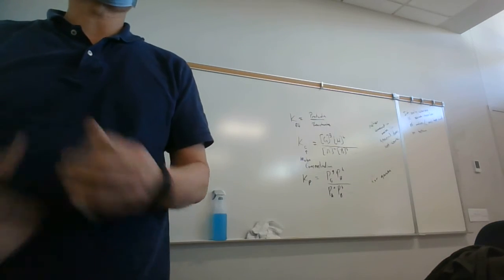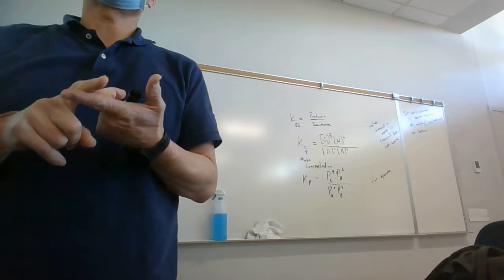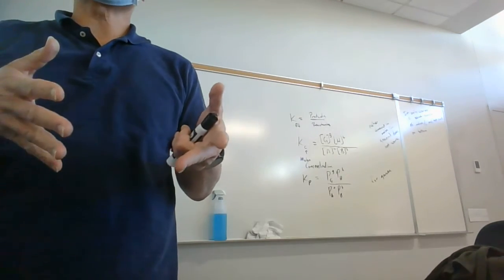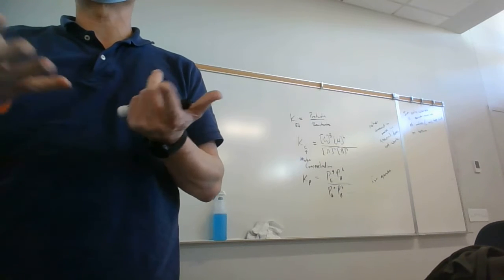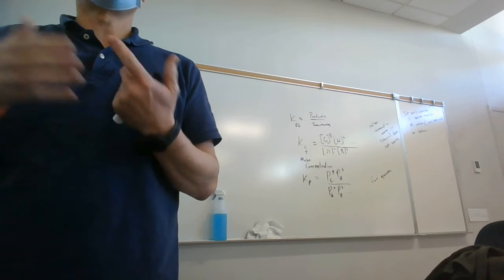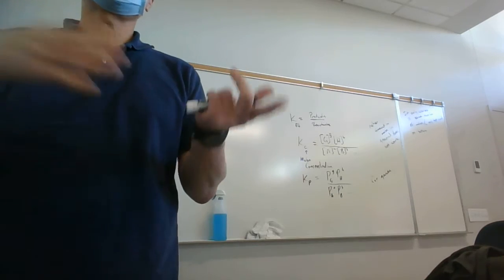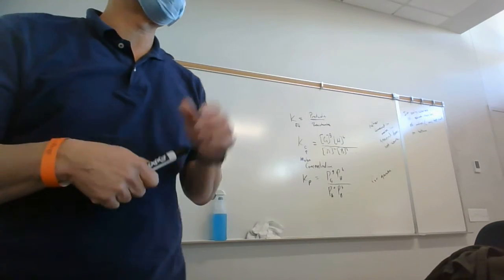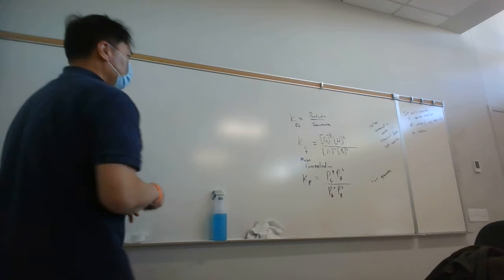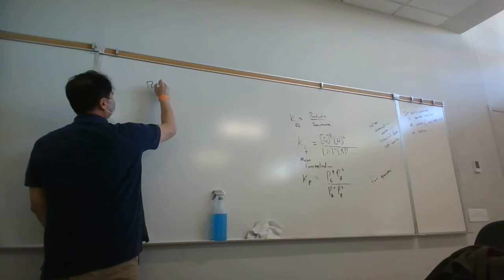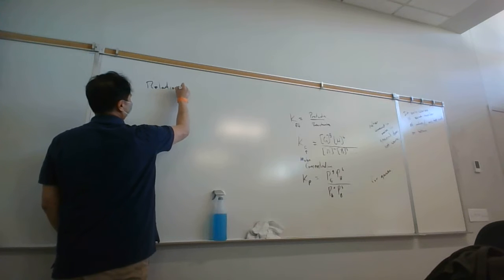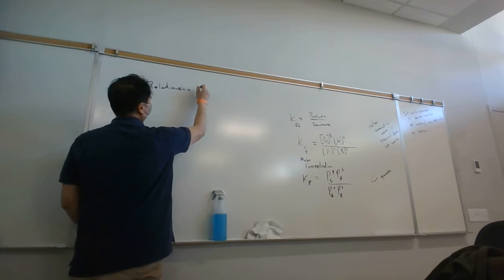Well, what do you do then? You have two choices. You can convert all the concentrations into pressures, or we can convert the Kp into Kc. In fact, the relationship between Kp and Kc for gases, I should know.